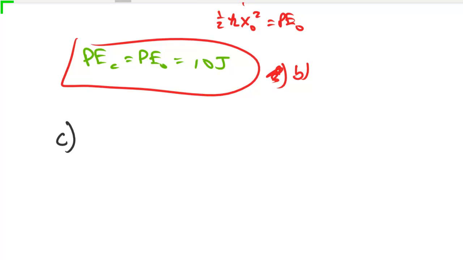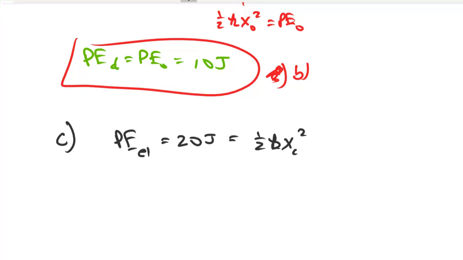So for part C, we want our potential energy to be equal to 20 joules. And so then this is 1/2 k times x c squared for part C, which means this actually should have been D, right? Okay, so 20 joules is 1/2 k times xc squared.